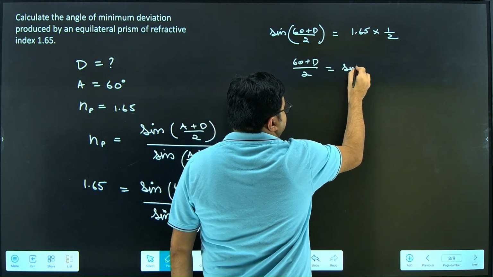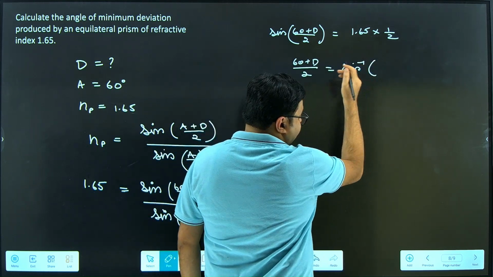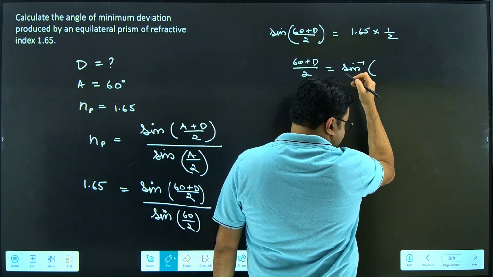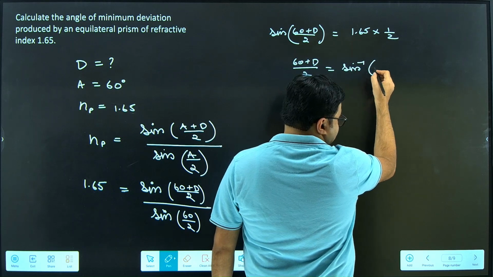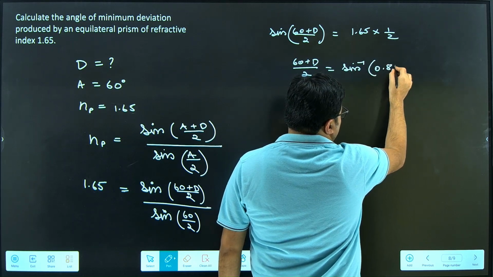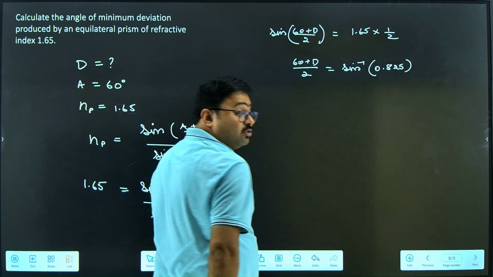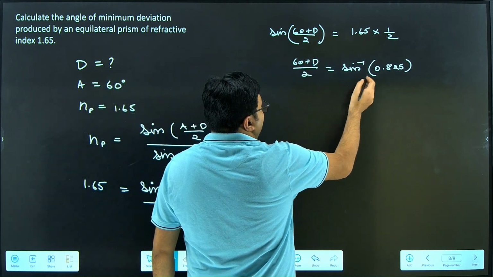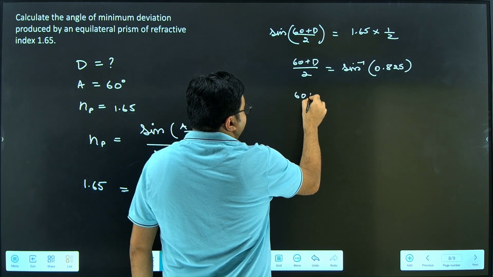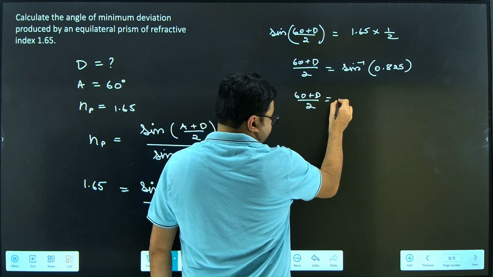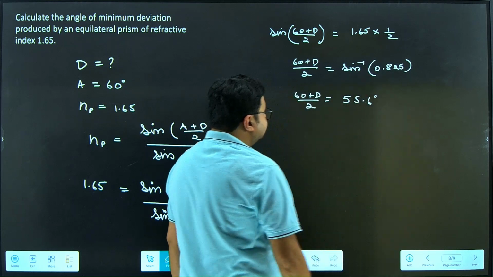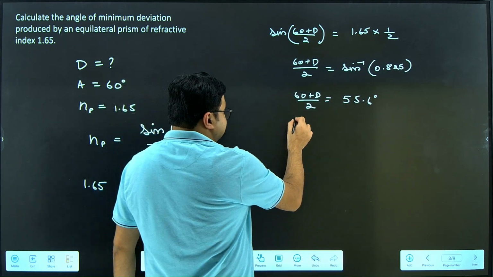It becomes equal to sine inverse of 1.65 into 1 by 2, and that basically is 0.825. Well, just do the calculation and you should get that. What is sine inverse of 0.825? The sine inverse of 0.825 turns out to be 55.6 degree.